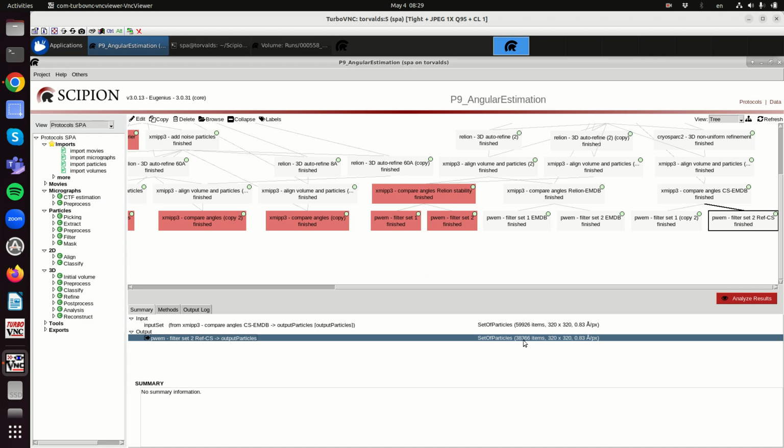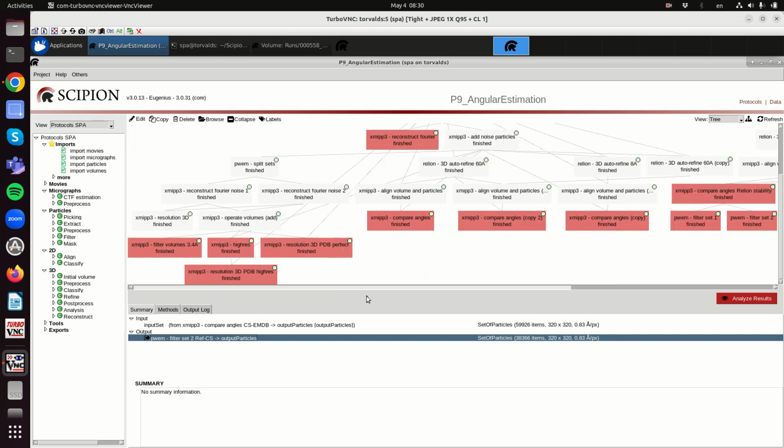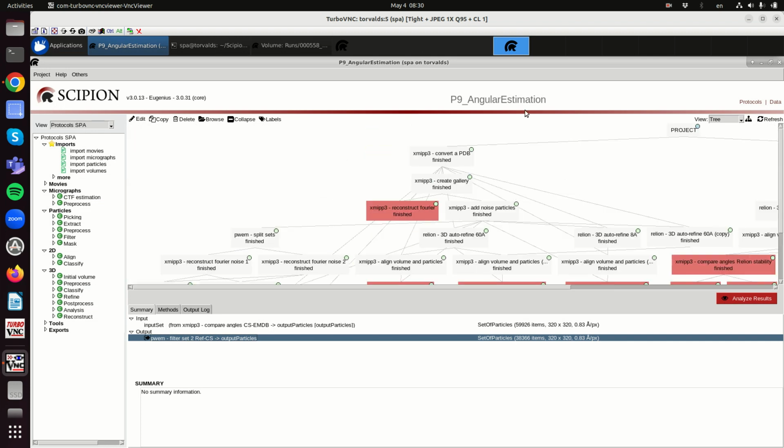That depends on your parameters, your particular choices. So as a summary of this project, in angular estimation, because of the noise, you will have uncertainty, and this uncertainty can be taken care of by comparing different estimates of the same angular assignment.